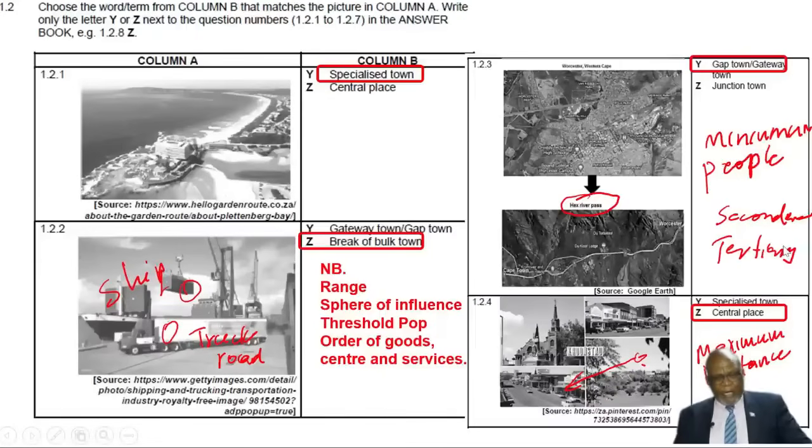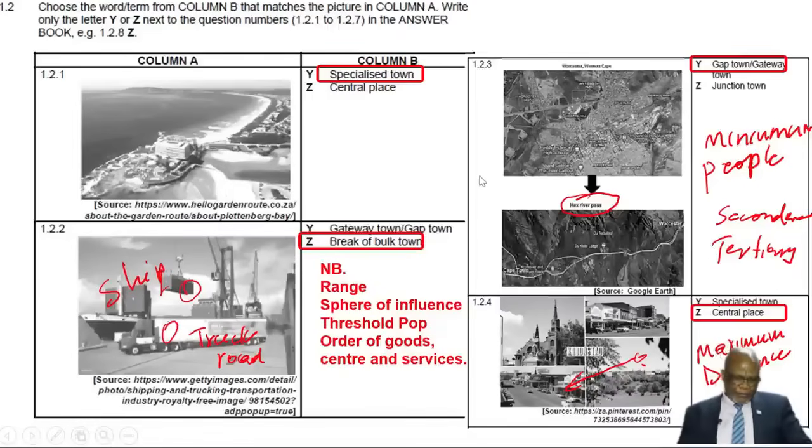That is why we don't say it provides secondary, tertiary, and quaternary services, because you can get a research center in the deepest rural areas, far away in the bushes from where people stay. Also, you can find it right in the middle of the city, like many research centers, but it is not necessarily that they must be in the city.